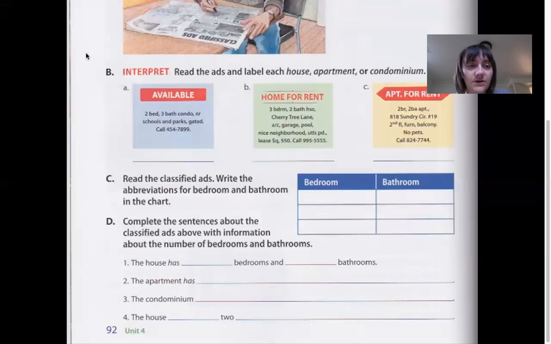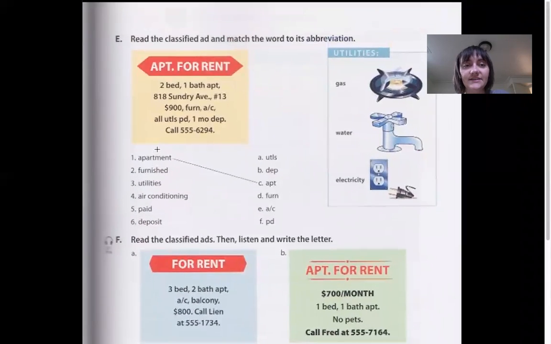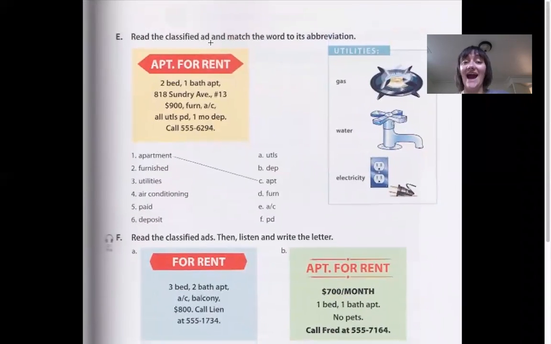Now let's go to another one. Okay, so this one says read the classified ad, ad means advertisement, yeah, and match the word to its abbreviation. Okay, so we have apartment is APT.